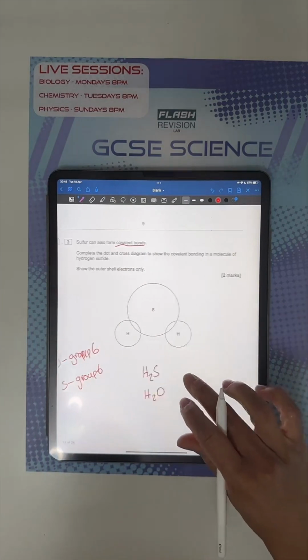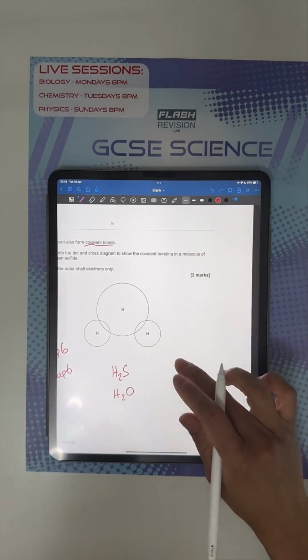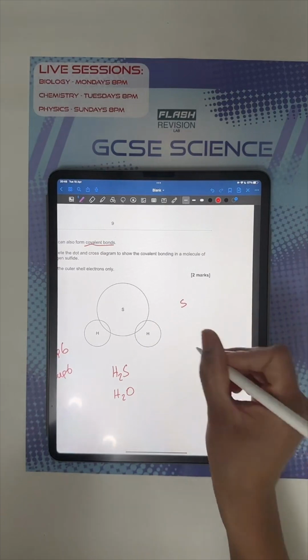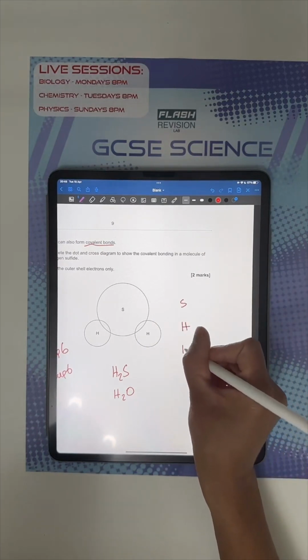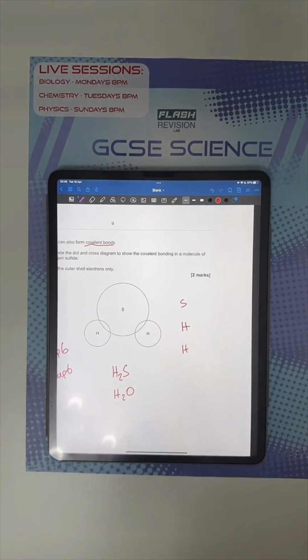So this is almost identical to water. So let's do the method that we used earlier. We got sulfur, we got a hydrogen atom, we got a hydrogen atom. Let's write out how many electrons each one has on its outer shell. So sulfur is in group 6. How many electrons does it have on its outer shell? Six, good.